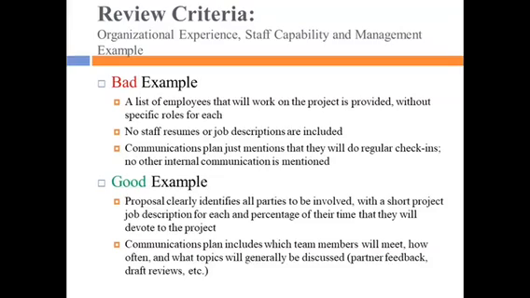And in a better example, the proposal would clearly identify all the parties and provide those job descriptions that I mentioned, make it really clear who all the players are and who's going to be participating so that we can understand how the project is going to move forward, and include that important communication plan.